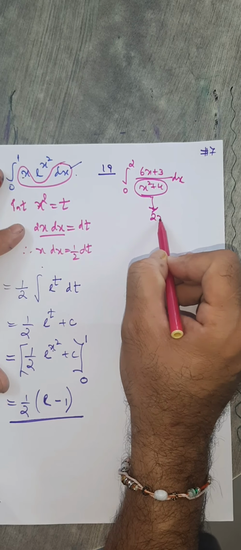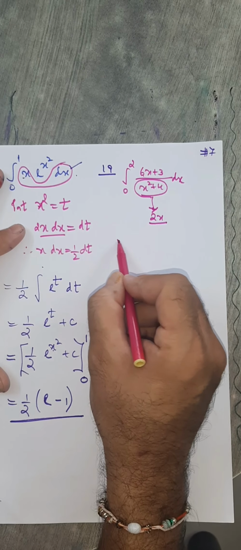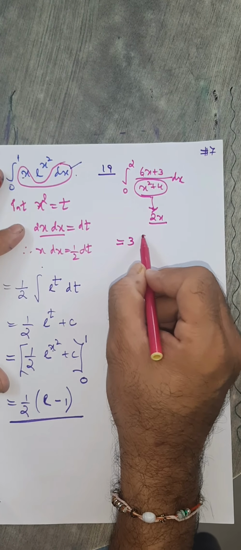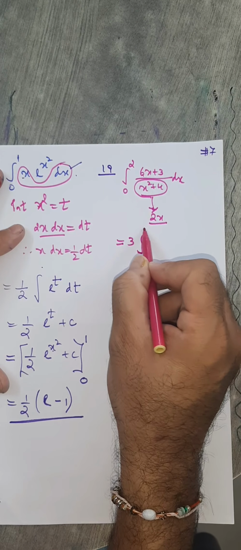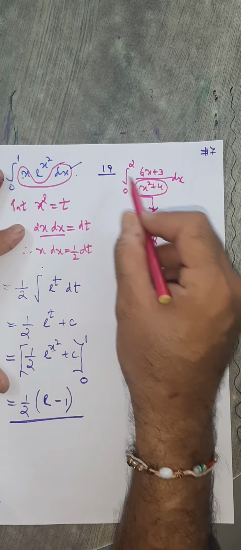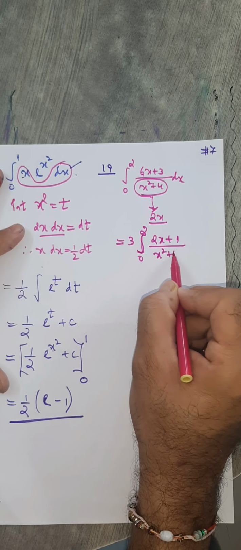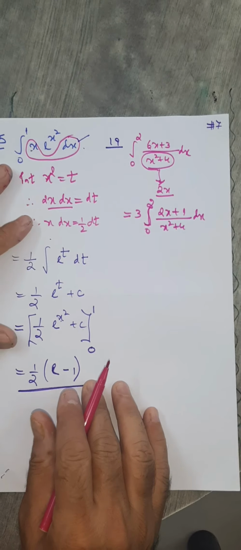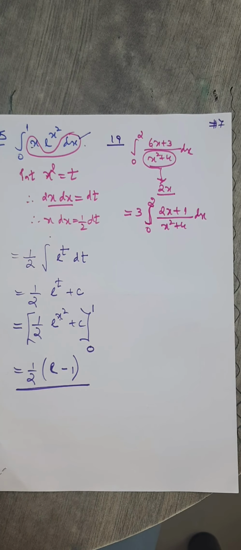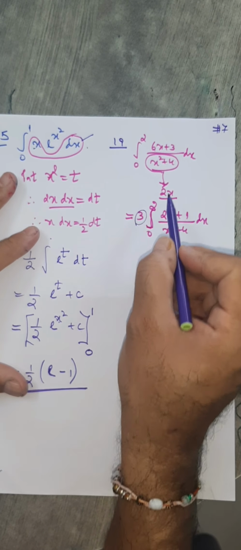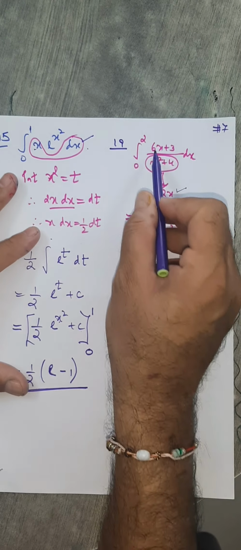What's the derivative of this one? 2x. I need to set 2x only. So I'll take 3 outside. Why have I taken 3 outside? Because I need just 2x.